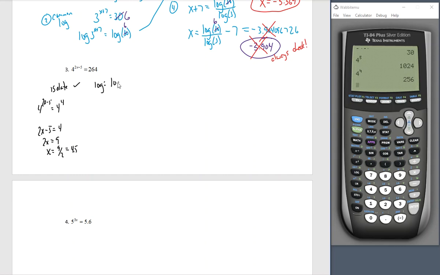All right, take the log of both sides. The log of 4 to the 2x minus 5 equals the log of 264. All right, we didn't have to divide or anything first. We use our power property in order to bring that exponent down.